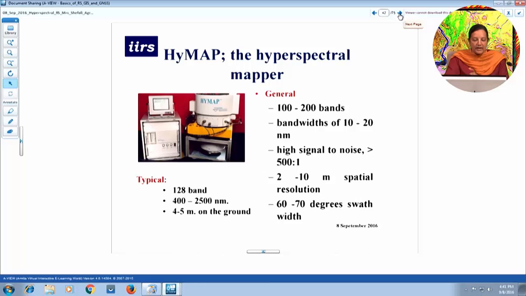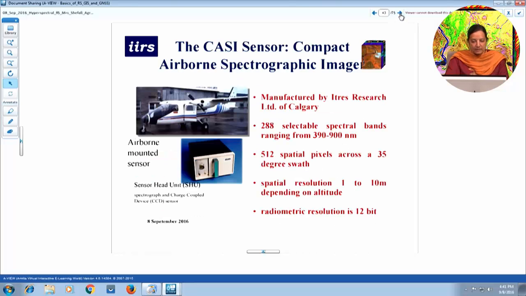You have another airborne hyperspectral sensor, which is HyMap, hyperspectral mapper, which has around 100 to 200 bands with a variable bandwidth of 10 to 20 nanometers and a variable spatial resolution, again depending on the flying height.